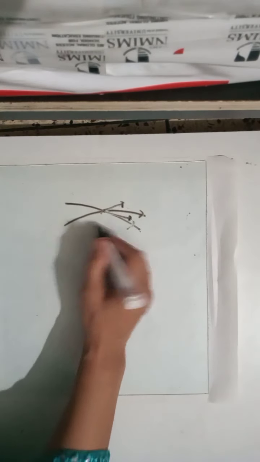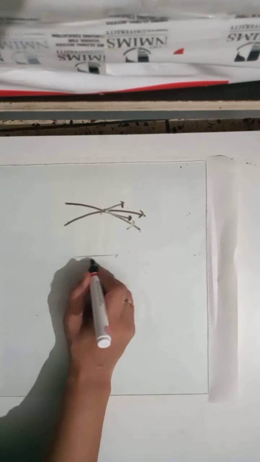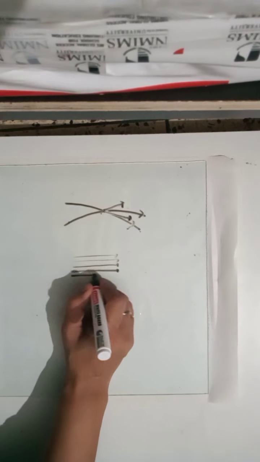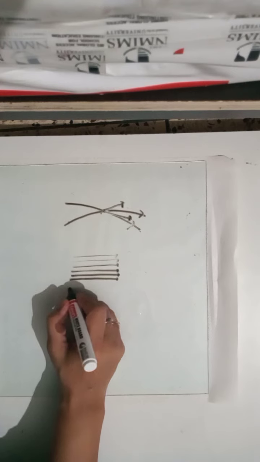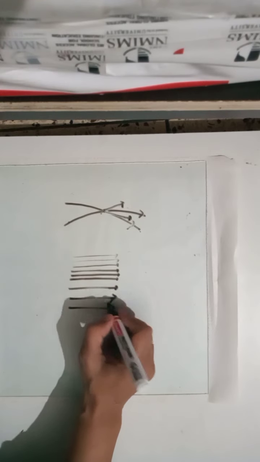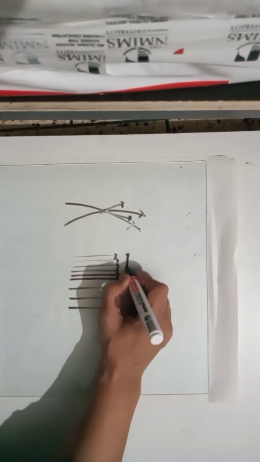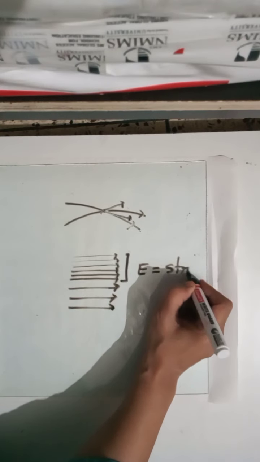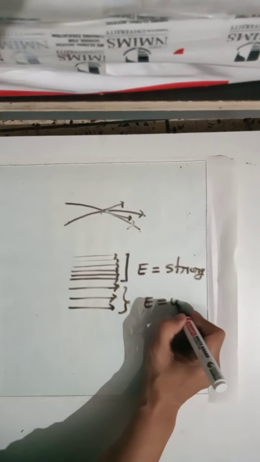Now, their crowdedness, that means where electric lines of forces are very close to each other, shows a strong electric field, and their farness shows a weak electric field. In this region E is strong, a strong electric field, whereas in this region the electric field is weak.